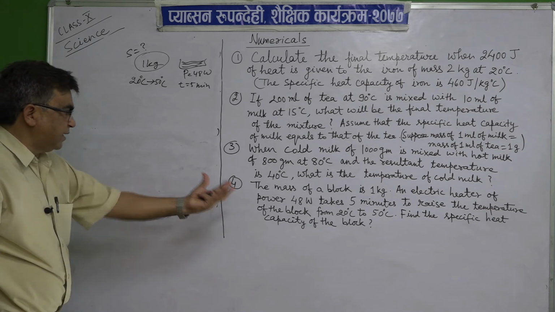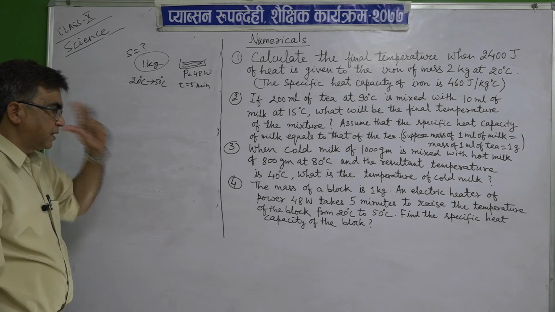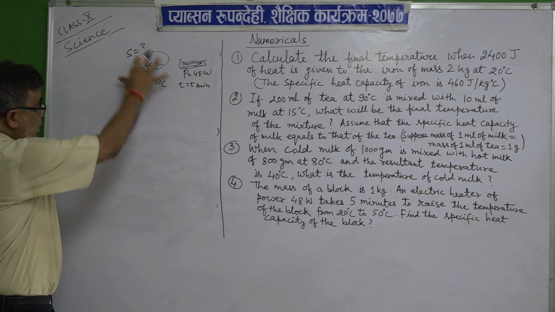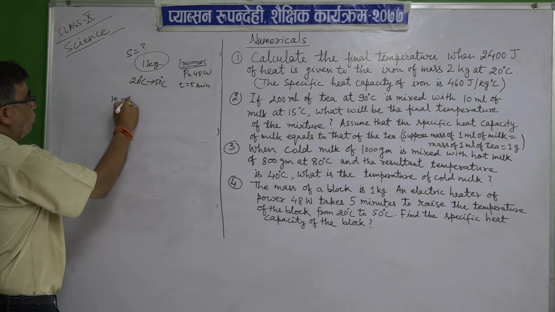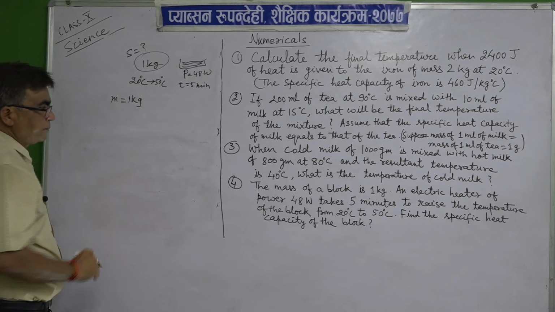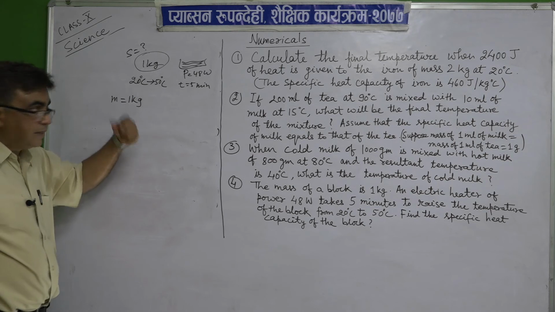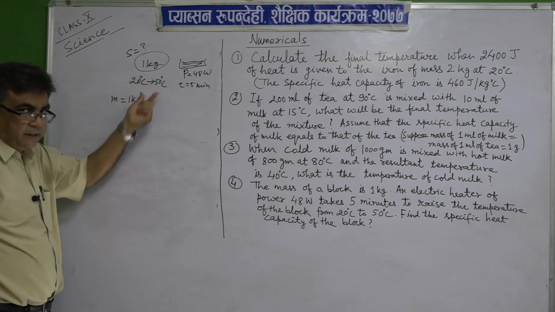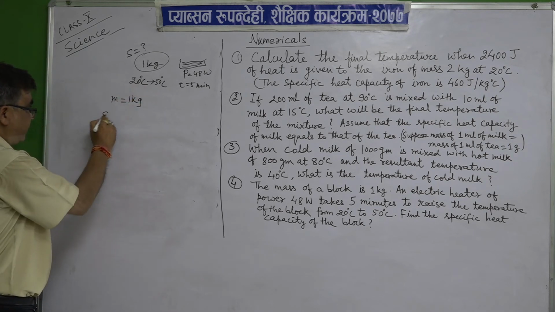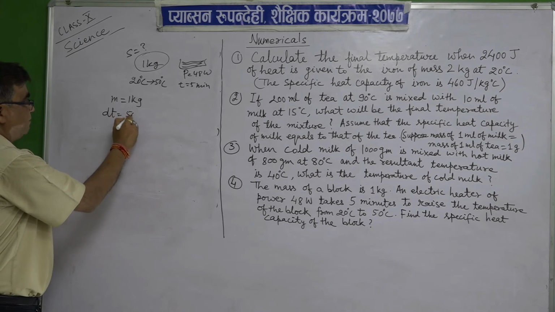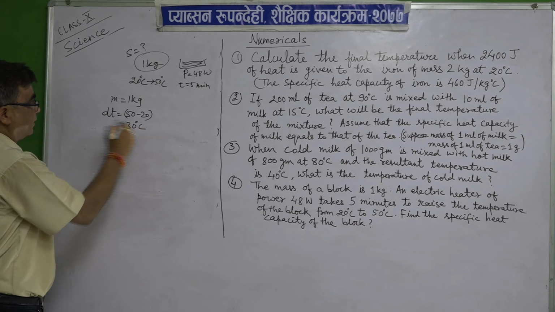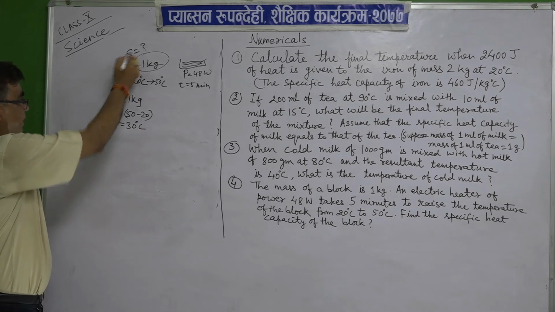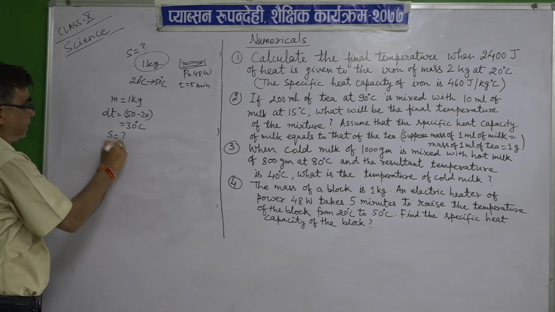Now, what are the given things? First you understand that the block, its mass is given, m is given 1 kg. Its temperature is increasing from 20 to 50. So, temperature difference, that is dt, is 50 minus 20, that is equal to 30 degree centigrade. You have been asked specific heat capacity.